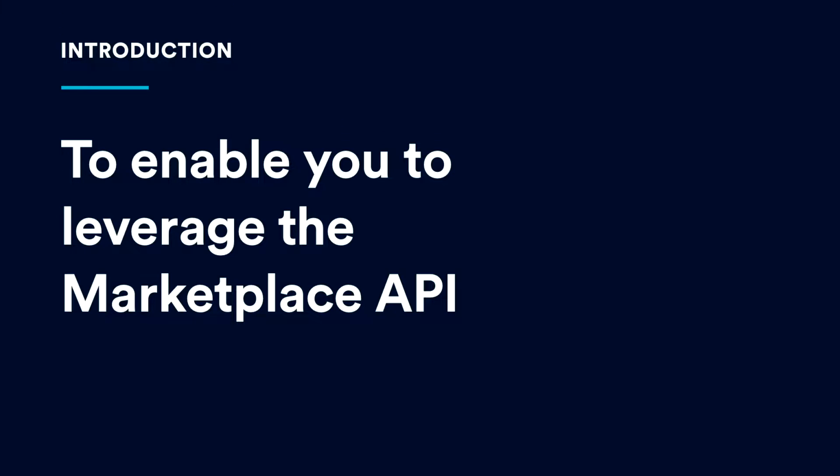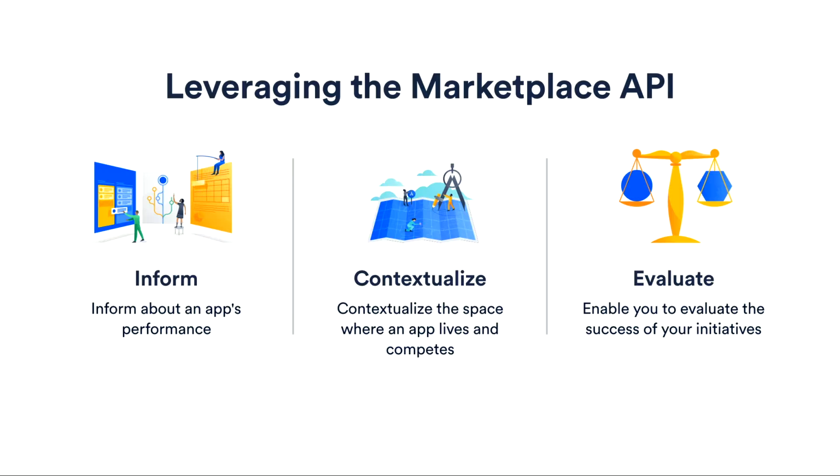My goal is to enable you to be able to use the API. And as you're able to do this, you'll be able to, one, inform yourself about your app's performance in the marketplace, two, contextualize that performance where your app is competing, and three, evaluate the initiatives you're taking. So as you make changes to your add-on to make it better for your users, as you change your listing or change your strategy, you'll be able to see in the marketplace, was it effective?